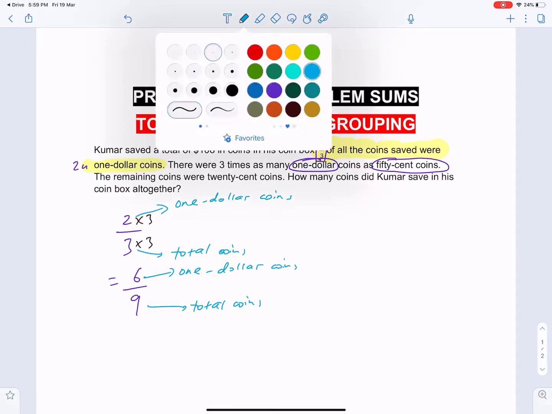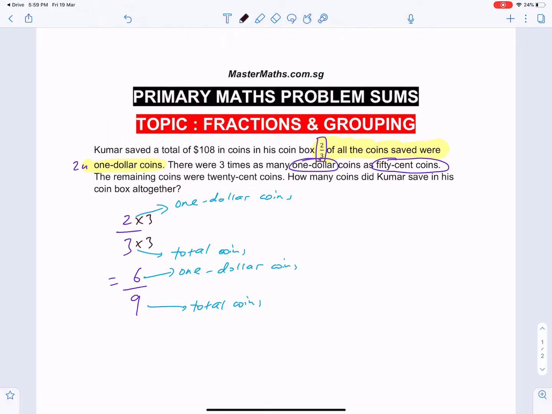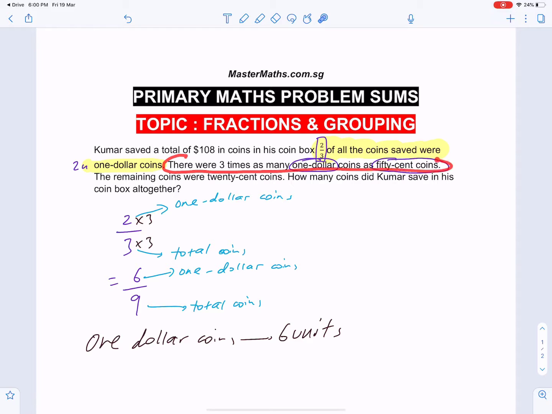Now, since the $1 coin is 6 units, we can proceed to find the 50-cent coins based on this particular statement alone. We have yet to read the remaining questions. Why? Because I really want you all to address this fraction and this 3 times statement first.